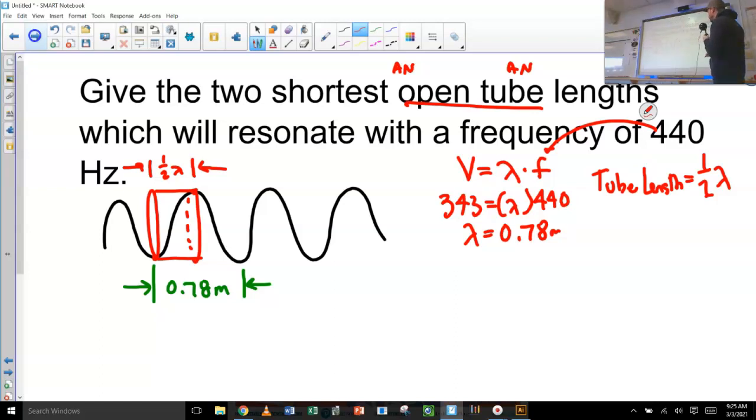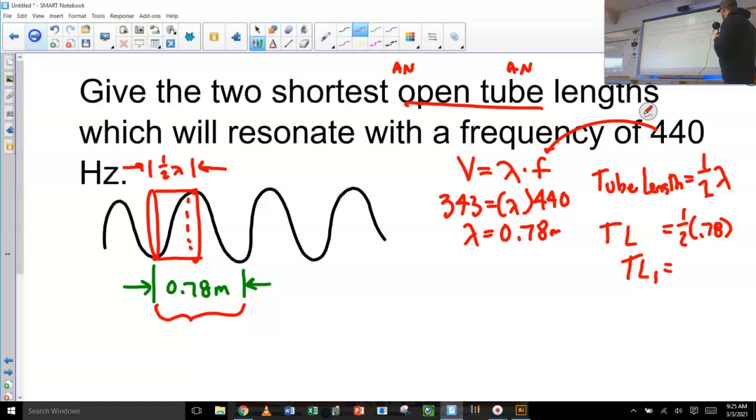And since we know a wavelength is 0.78, I'm making this more complicated than it needs to be. You just know that this tube is half this distance right here. So just 0.78 divided by 2. But I want to kind of show you. So my tube length number 1, half of 0.78 is 0.39.